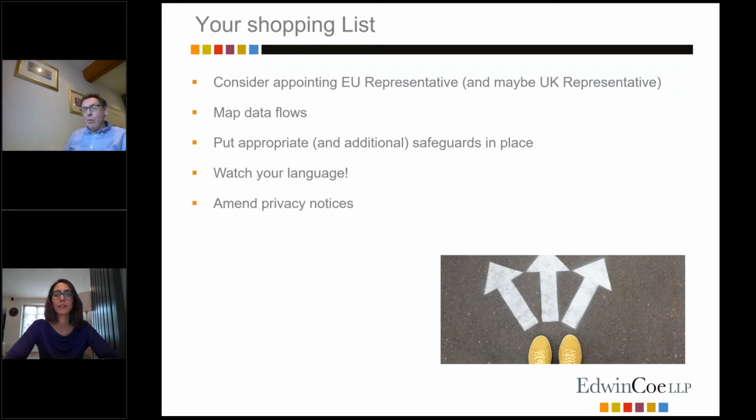But why I say it's important is if I'm a supervisory authority, if I'm a regulatory authority, and I'm looking at your business, one of the first things I'm going to do is look at your privacy notice. And if it's all over the place, or if it's out of date, or you're clearly doing business in the EU and you have no EU representative, that's a fairly good signpost to me as the regulator that you're just not complying.